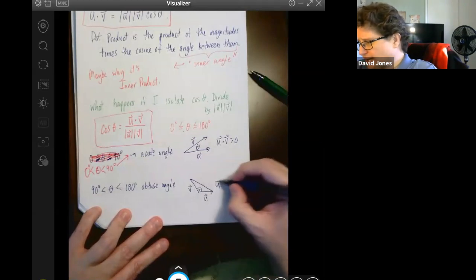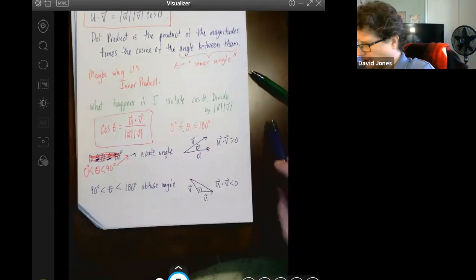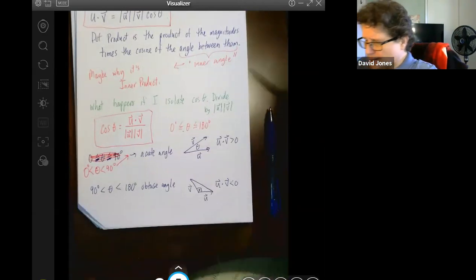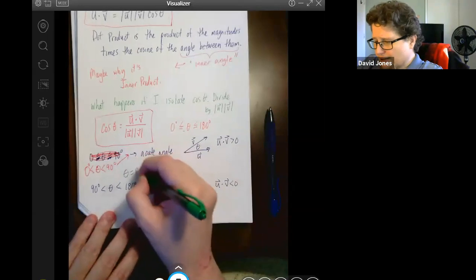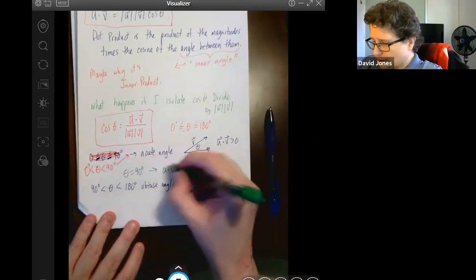Here, u dot v is less than 0. And right smack dab between them, when theta equals 90 degrees, as we showed earlier, u dot v equals 0.